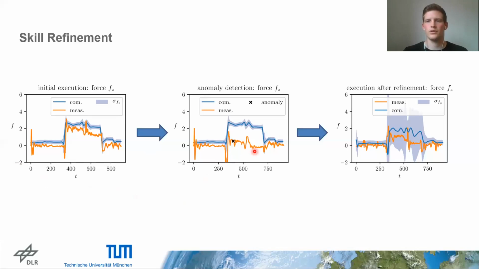But since the robot shouldn't decide based on the force of an object, the user decides to refine the current skill and incorporate the new sensor readings for the force into the probabilistic encoding of that skill. This will lead to an adjustment of the expected force values and also of the expected variances. That is how we can learn important features of a task while ignoring others.